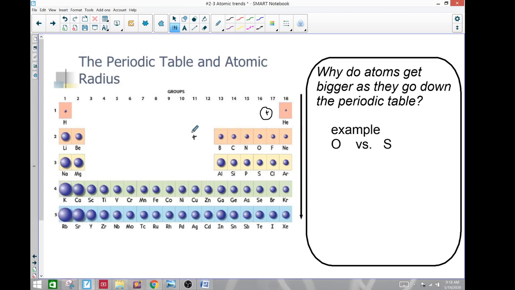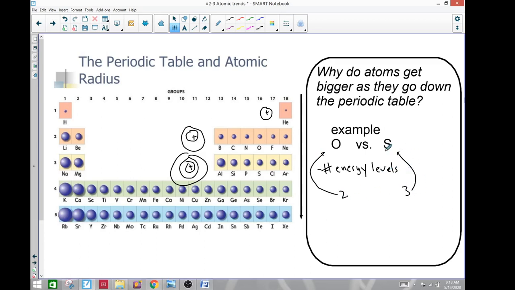So this one has 2 energy levels, and this one has 3. Therefore, this one is bigger. That's really all it comes down to.